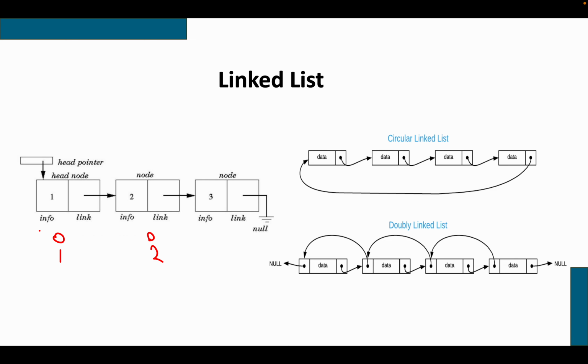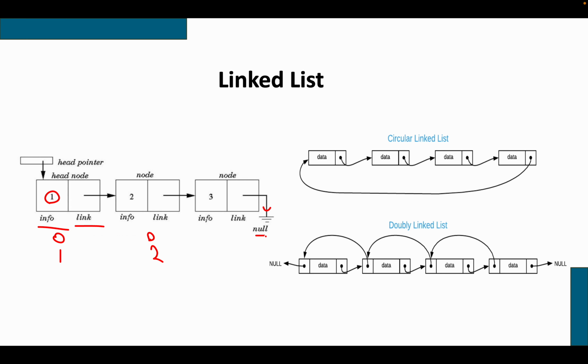And in each node, we consider two cells of memory. One cell is for the value, that here is 1, and the other cell will be for our pointer. The pointer shows the next node for us. And we also have a head pointer and the last pointer that goes to null to show where the head is and where the tail of our linked list is.